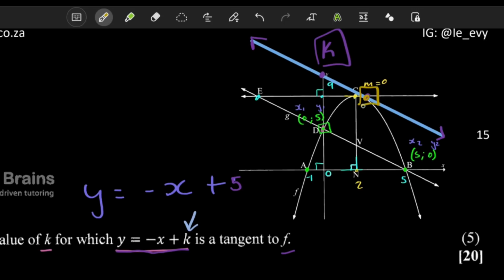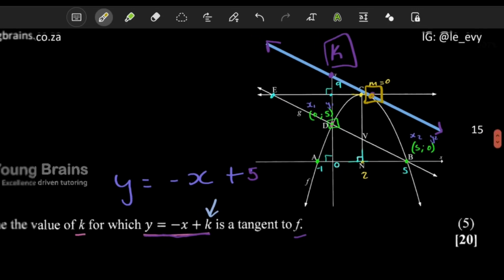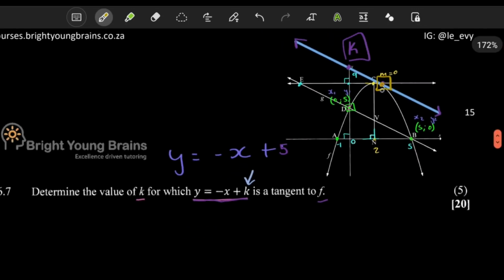It's the point where the curve also has a gradient of -1. So as long as you can find the coordinate where the curve has a gradient of -1, you can use that coordinate to throw in here and solve for k. So let's do that.